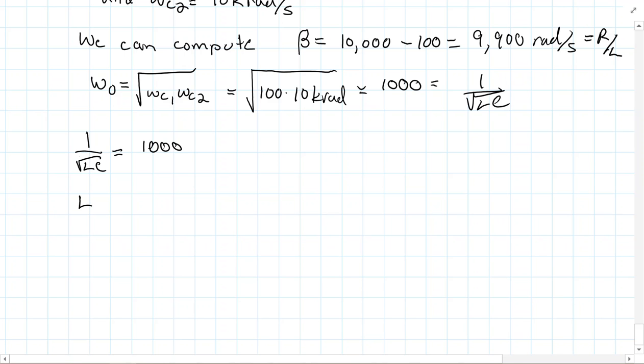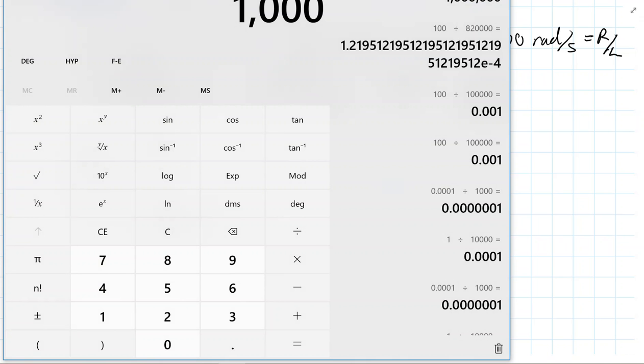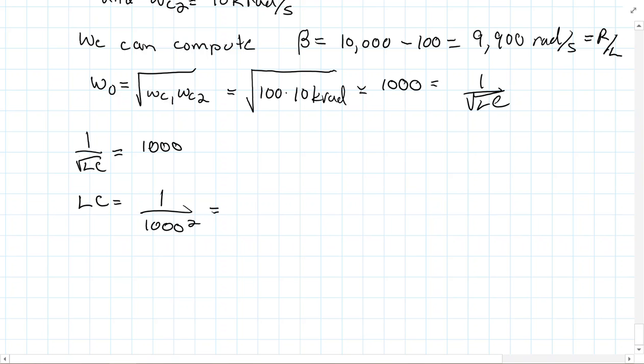So L times C is equal to 1 over 1,000 squared. So 1 over 1, 2, 3, 4, 5, 6 zeros. So this is 1 micro. And so my L times C needs to be that.